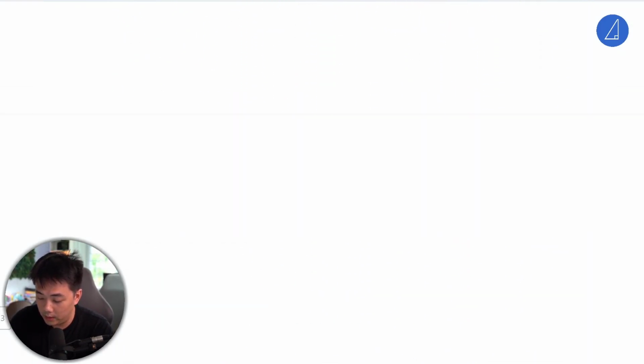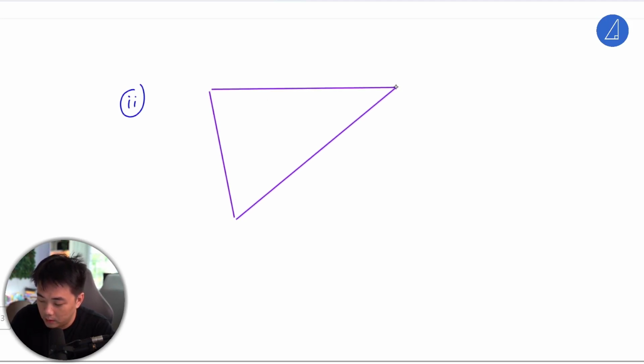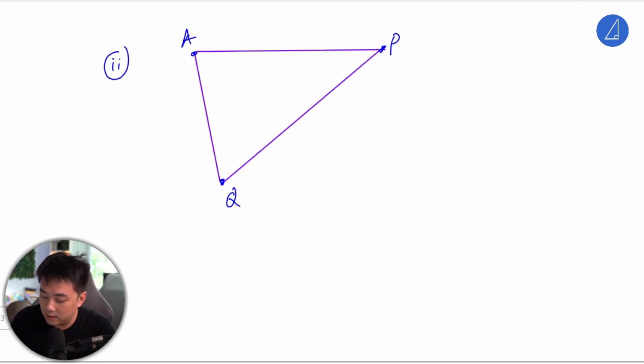Finding the area of triangle APQ shouldn't be an issue. For part 2, for triangle APQ, just take any two adjacent sides.